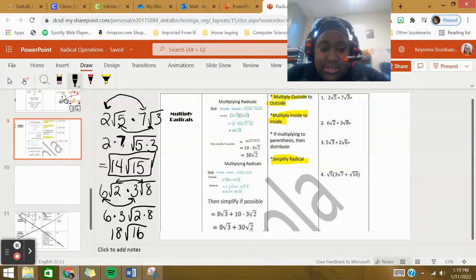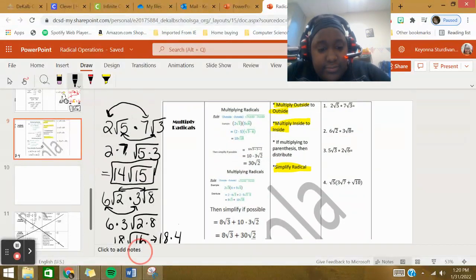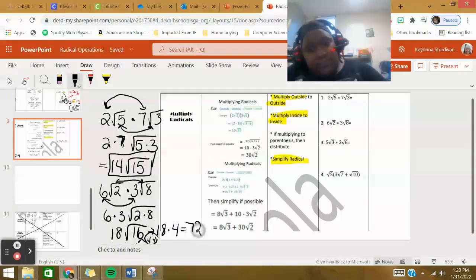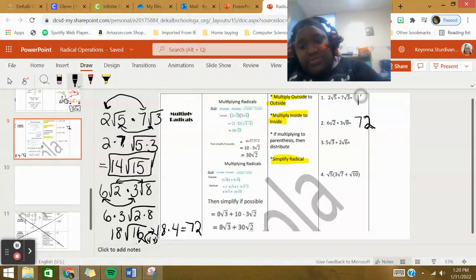The square root of 16 is going to give me 4. So this is actually going to be equal to 18 times 4. Remember, 16 is a perfect square. On my calculator, I'm just typing 18 times 4, and that'll give me my final answer, which is 72. So this one is 72. And number 1 was 14 square roots of 15.